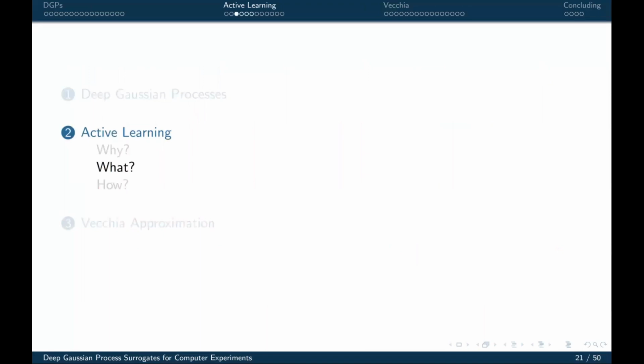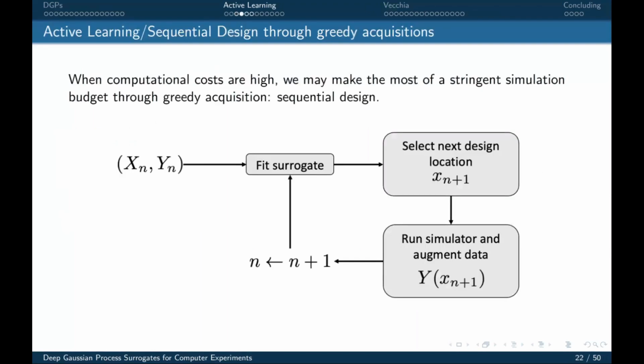Active learning is the idea of creating a virtuous cycle between data acquisition and learning. The old-fashioned term for that is sequential design of experiments. So I want to create this virtuous cycle where I might start with a small experiment, 10 runs or something of X's and Y's. I'll fit a model to that, and I'll use that model to tell me where it's deficient.